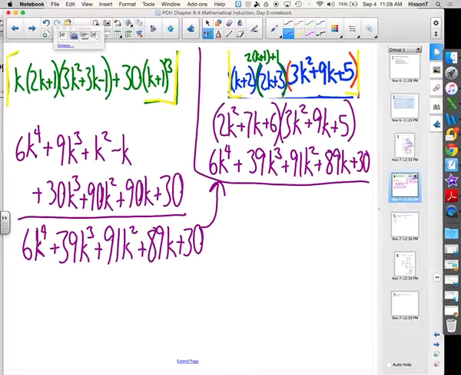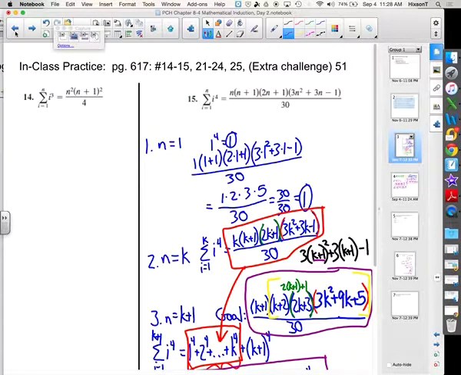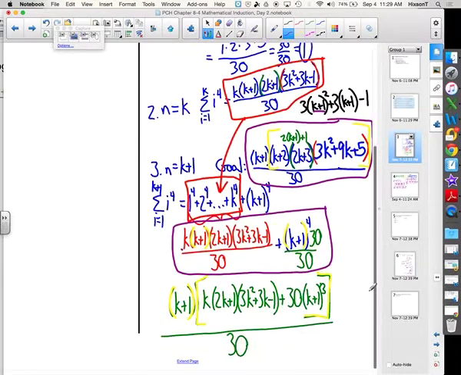Okay? So now we know, going back to our problem, that these brackets equal these brackets, therefore we've reached our goal. Okay, we already knew the k plus 1 was there and the 30 was there. We just had to show the brackets were the same. Okay? Yeah, simple as that.